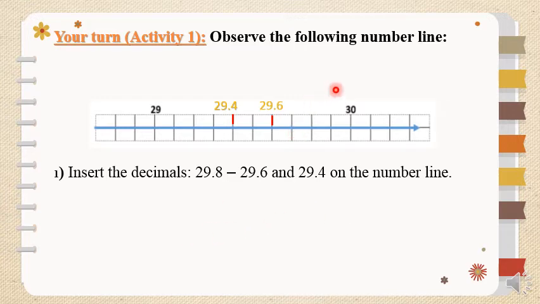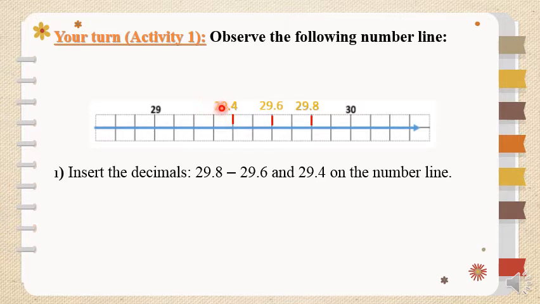Is it closer to 30 or to 29? It's closer to 30. Look at 29.6. Is it closer to 30 or to 29? I have 1, 2, 3, 4 to reach 30, but I have to go back 6 steps to reach 29, so it's closer to 30.